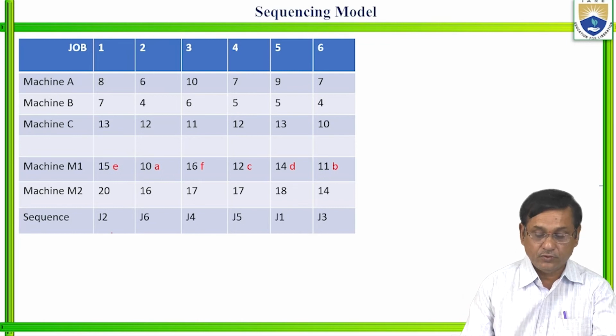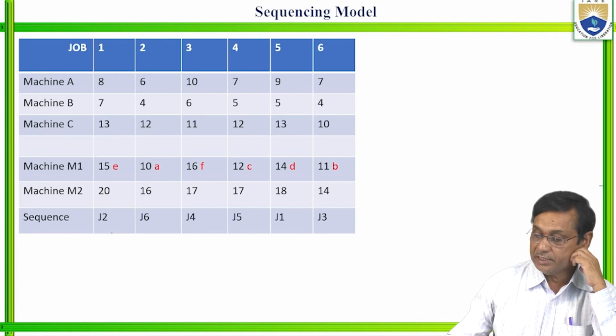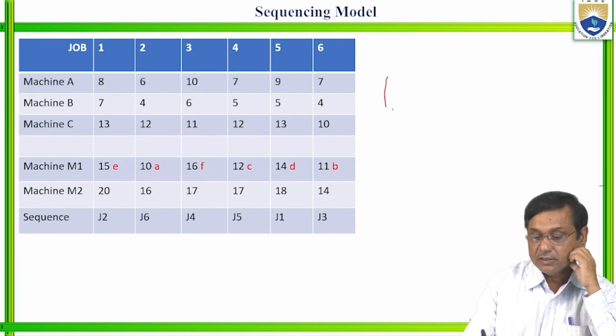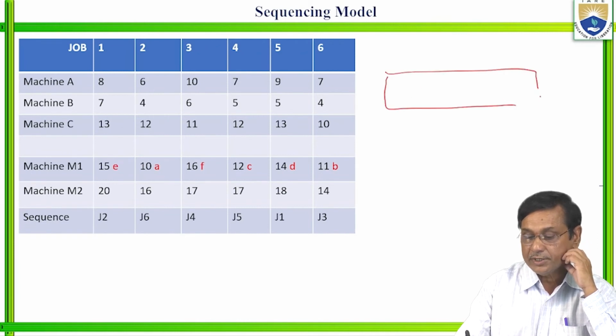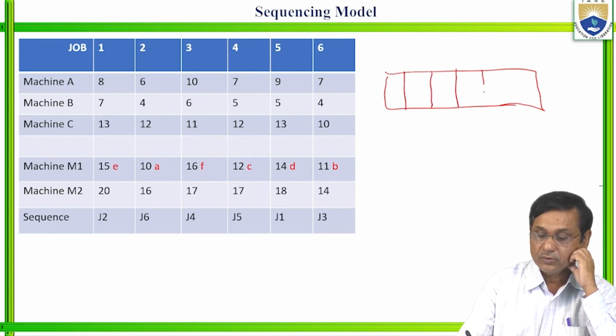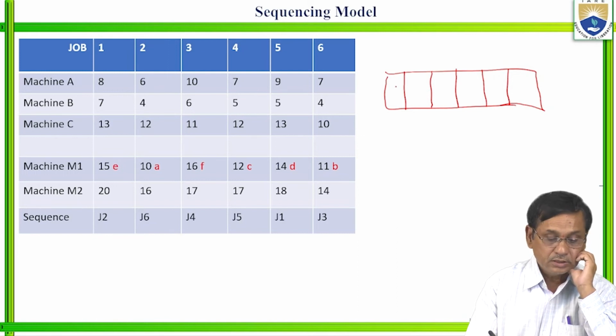Then we have to find the sequence. Again, draw the blocks corresponding to the number of jobs: 1, 2, 3, 4, 5, 6. Now consider the least processing time occurring in the list.